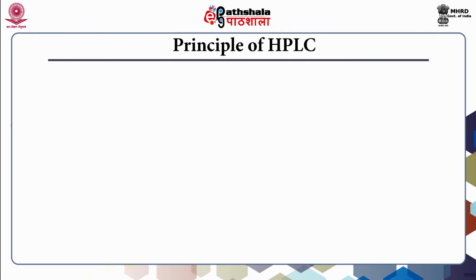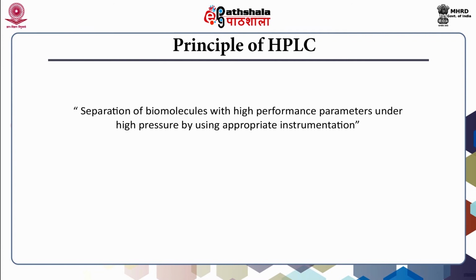So, the HPLC principle is separation of biomolecules with high performance parameters under high pressure by using appropriate instrumentation. This principle we got based upon the previous analogy that we explained just now, that decreasing the particle size increases the performance, and to avoid any problems to the column we are increasing the pressure by using high pressure pumps.